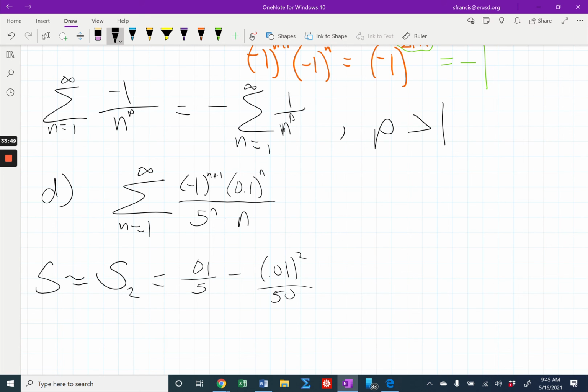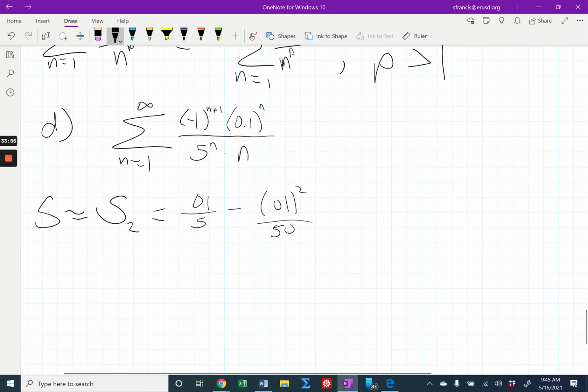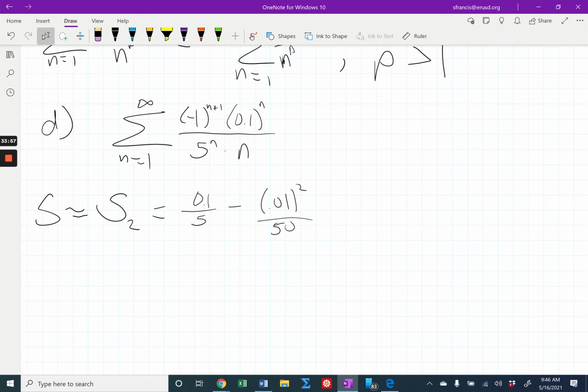Now we've got to show that this differs from s by less than 1 over 300,000 using the alternating series estimation theorem. The alternating series estimation theorem says that the magnitude of the error bound for the nth partial sum is bounded by the n plus first term for the alternating series.